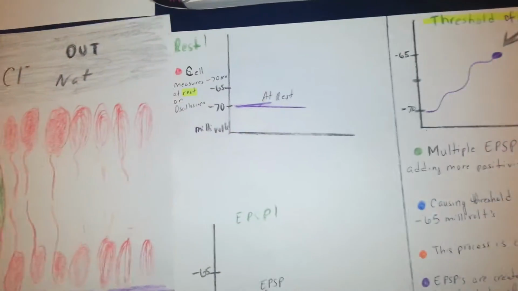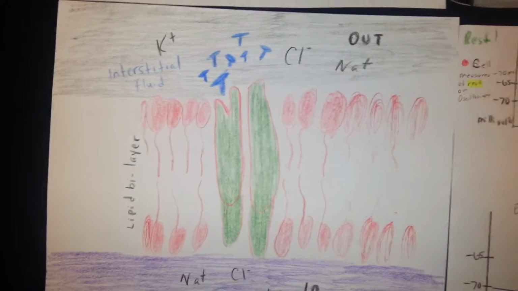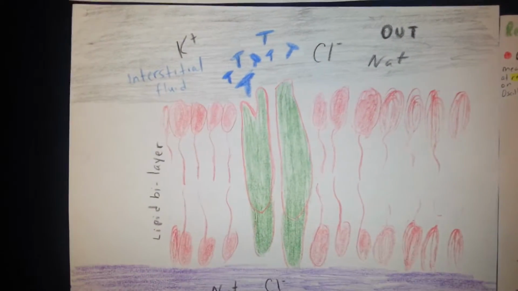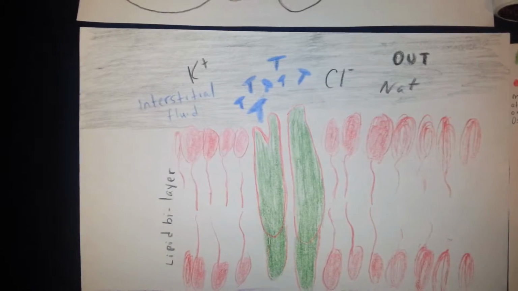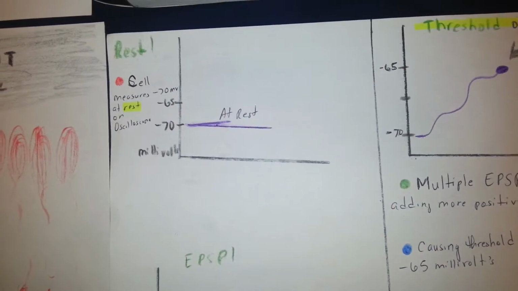Now, just to back up and move forward at the same time, the cell, which is actually the entire neuron, is at rest prior to the neurotransmitters making contact and then entering the cell, and its resting rate is -70 millivolts.